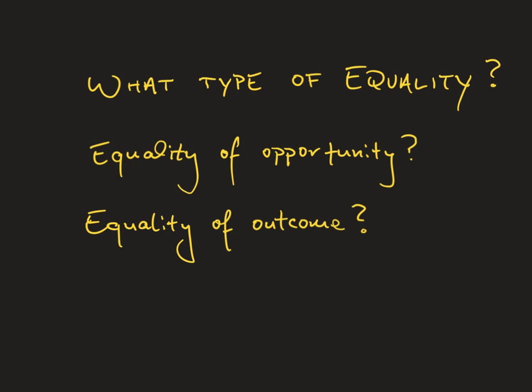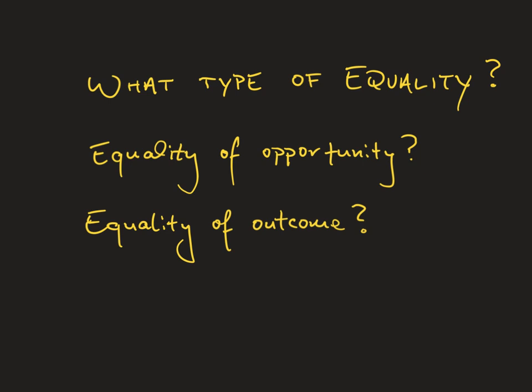Then a fair society would ensure that everyone has the same opportunities, and if they want to take different paths in life, that's fine. If one person takes a path that leads to high wealth and a different person chooses a path that leads to low wealth, that's acceptable, and there should be no reason to redistribute if they've made paths that they each enjoy.